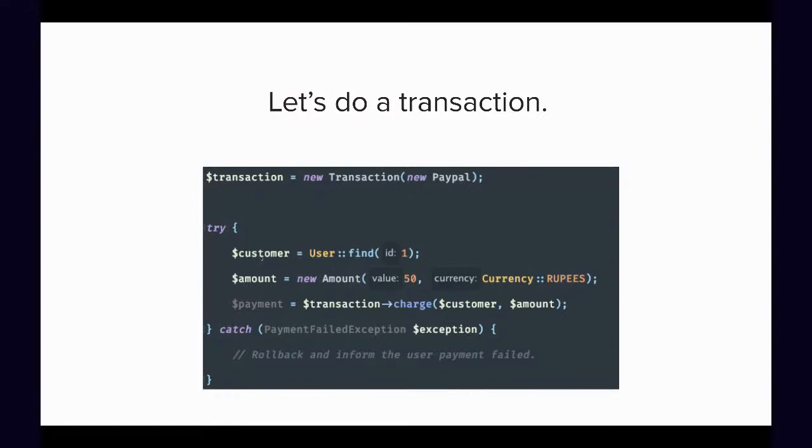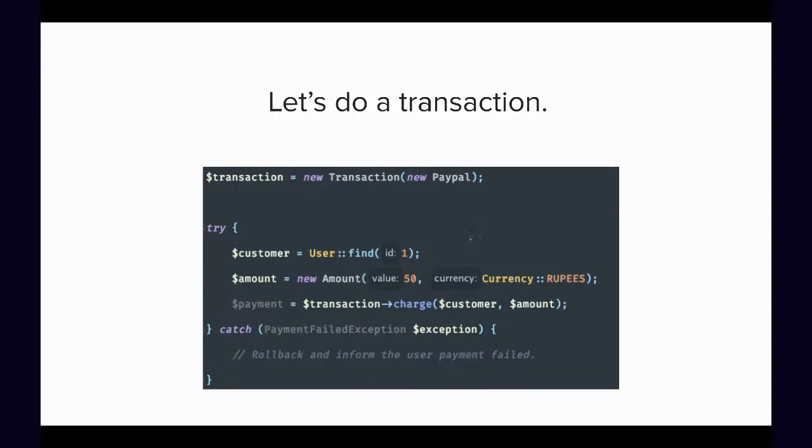We found which user this transaction needs to be performed on, and for that we name it customer, and we created an amount which needs to be charged, and we have also passed the currency we need to perform the task with on that amount.